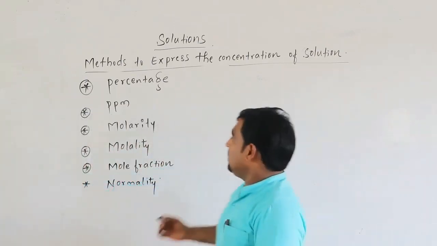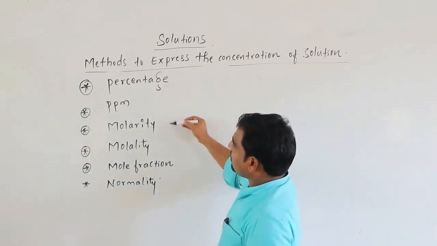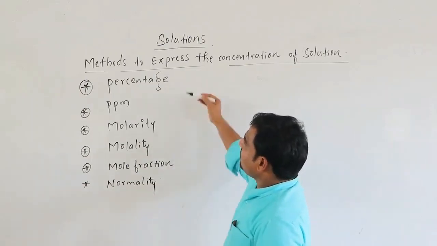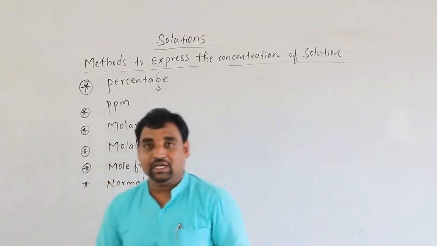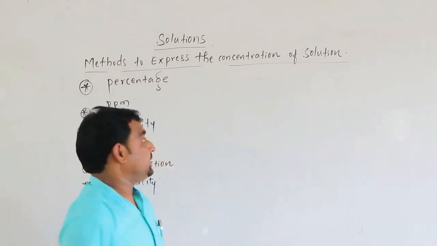These are the methods to express the concentration of the solutions. So now we will discuss the first method to express the concentration of the solution, that is the percentage.